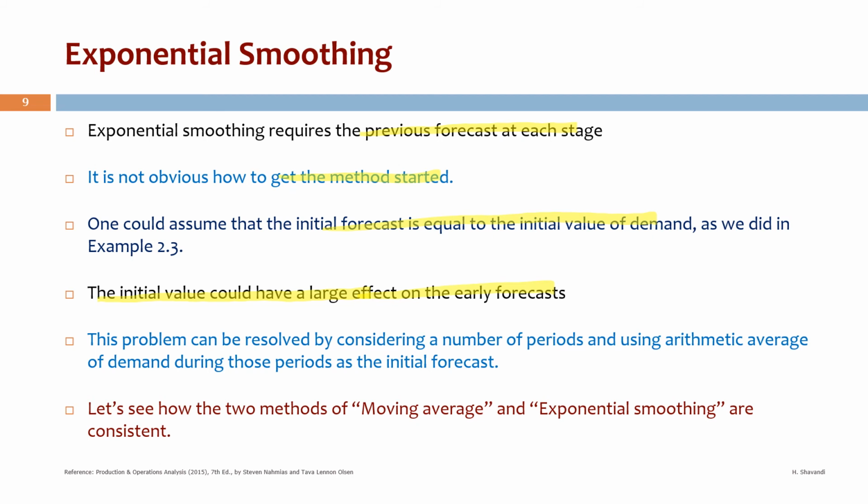So because of that, usually we consider a number of periods as the learning period. After that, the impact of this assumption will decline, so we can increase the accuracy of the forecast. If we consider a number of periods as the learning period, then we can take, let's say, a simple average, I mean the arithmetic average, for those periods, and that average will be considered as the forecast instead of assuming the same value as the observed value for that period.